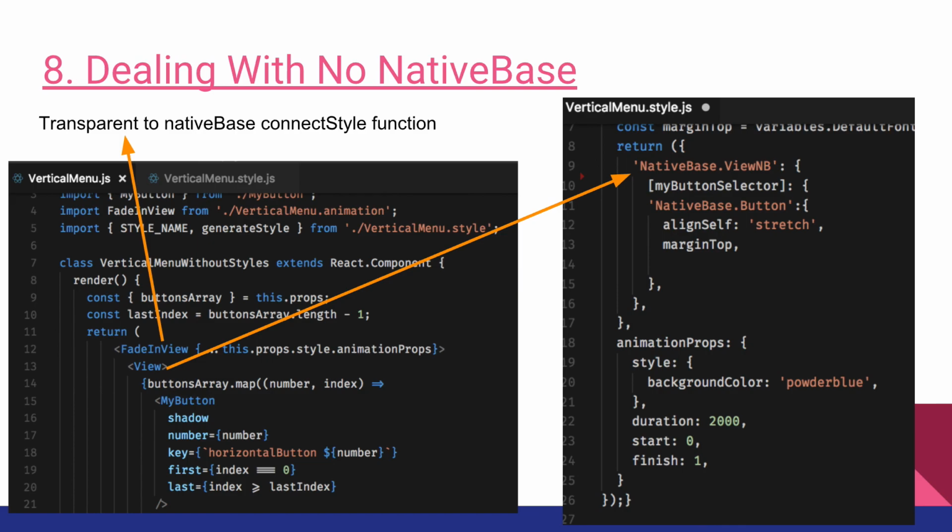You see, view is coming from React Native. So, and this is it. Any question? So you can see here, the first selector I put on my component is the view coming from NativeBase. It's not the fade-in. Okay.